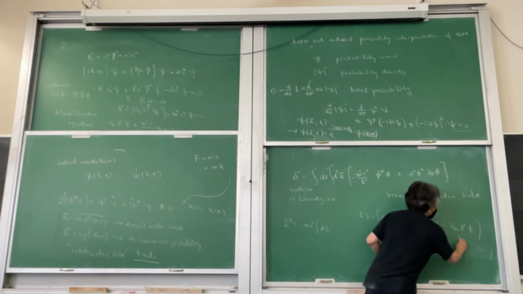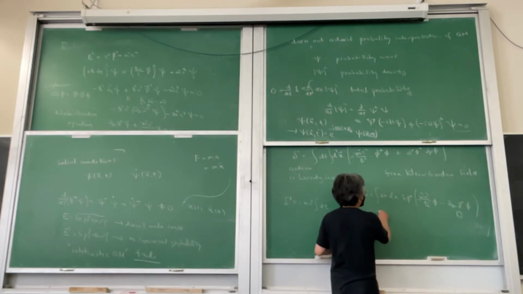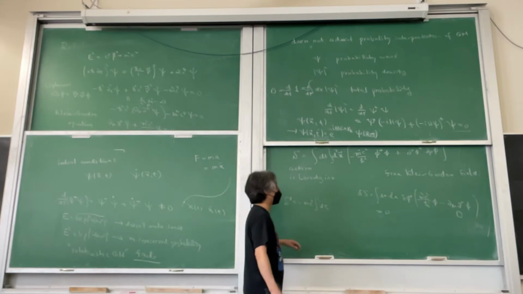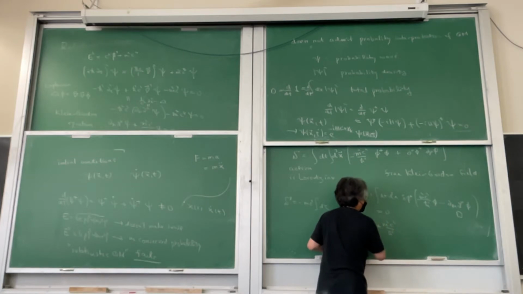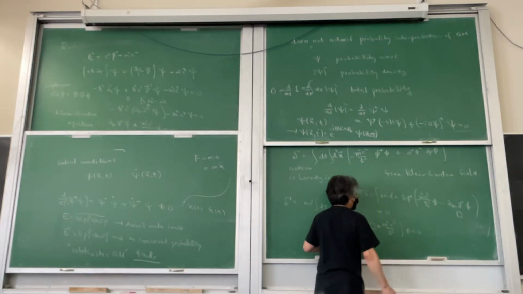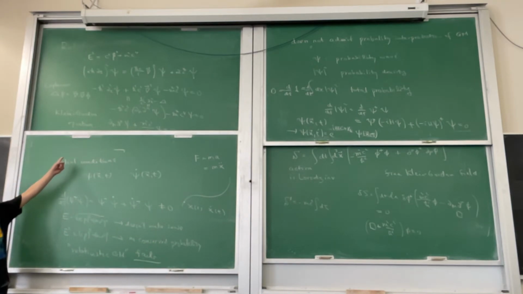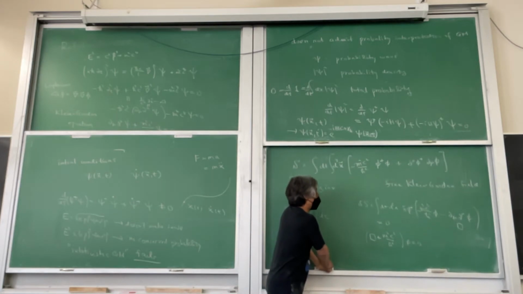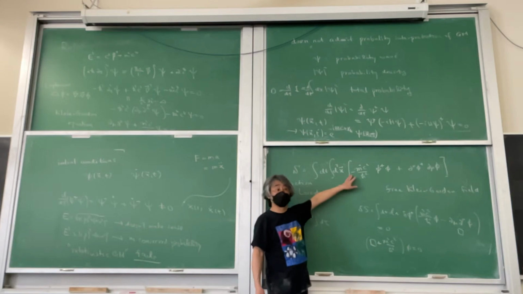And that's the version that we talked about. And this is supposed to be 0. That's the variational principle of this action principle. So in the end, you find this equation. That's exactly the equation we want to get. So this is the right action for the purpose of reproducing the Klein-Gordon equation as its Euler-Lagrange equation.